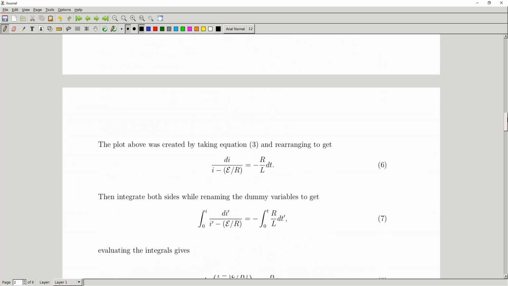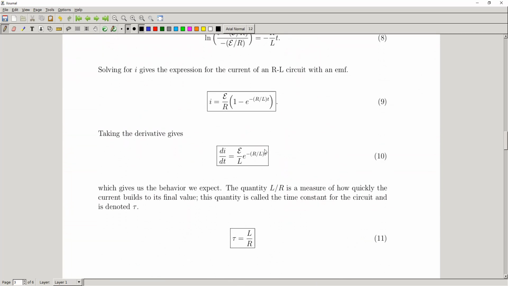Is that what happens as we let t go to infinity in this setup? Well, yes. As t goes to infinity, this whole thing goes to 0 basically. Okay, so it's giving us the behavior that we're expecting. So that's good. And we want to remember these two expressions. These are the key expressions to take away from this discussion. Also the meaning of what tau is here, which I'm going to talk about in the next paragraph.